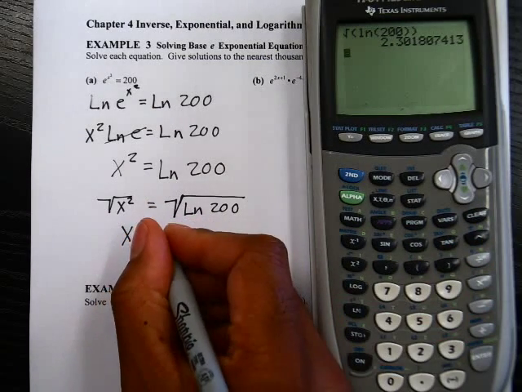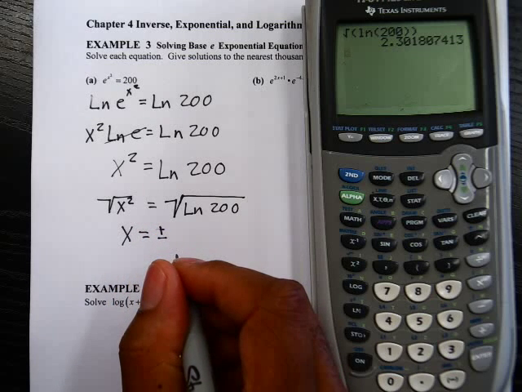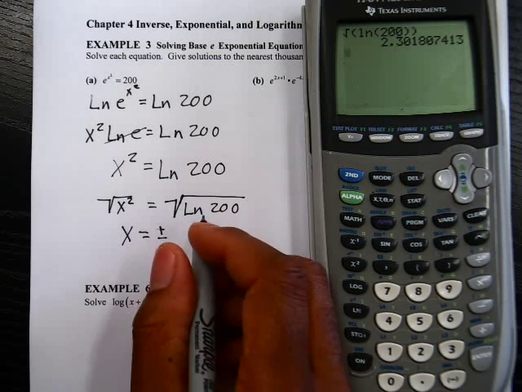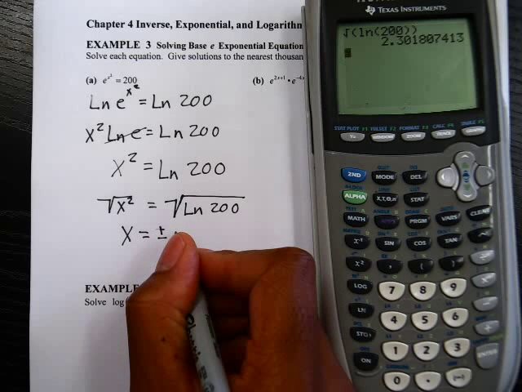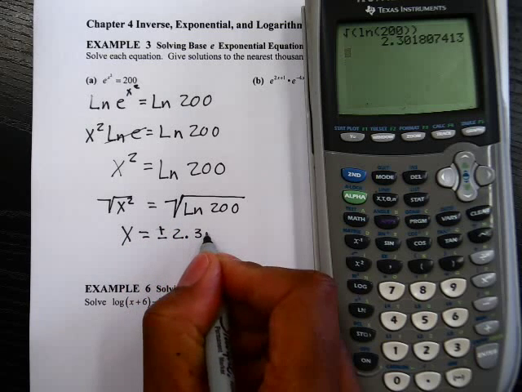And remember, when we take the square root, this could be plus or minus. This would be 2.302.